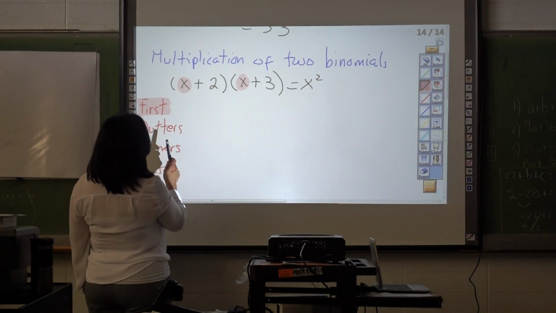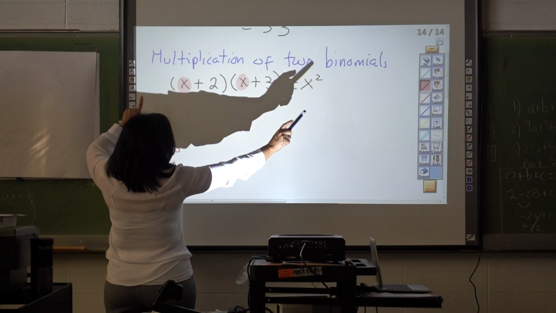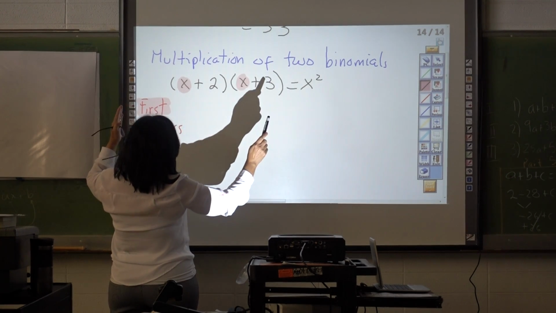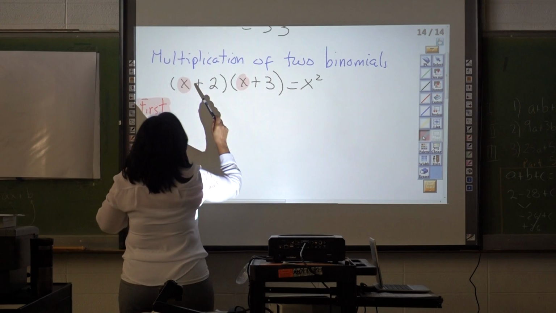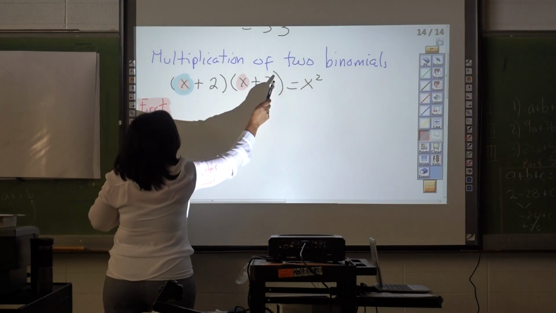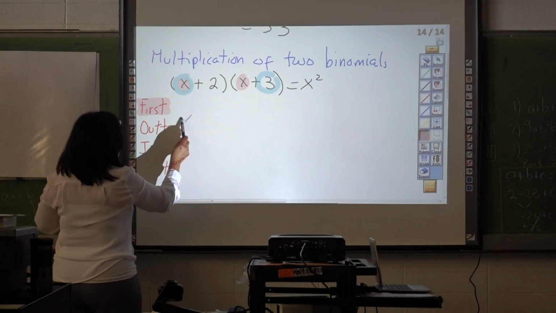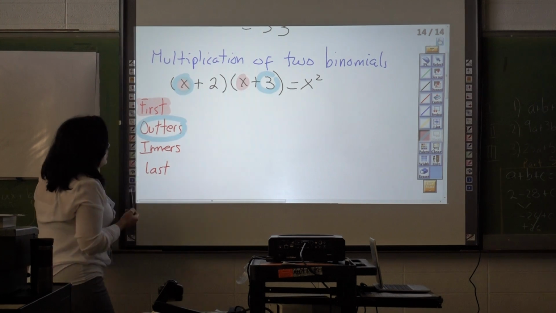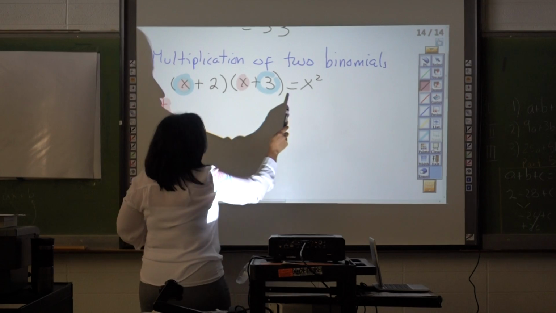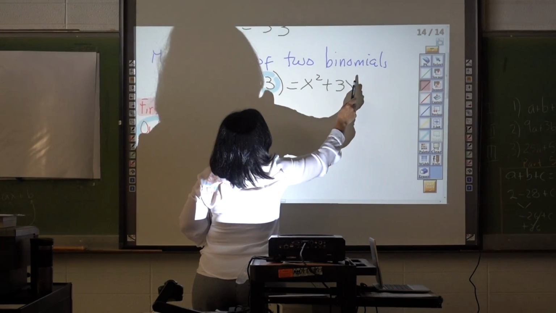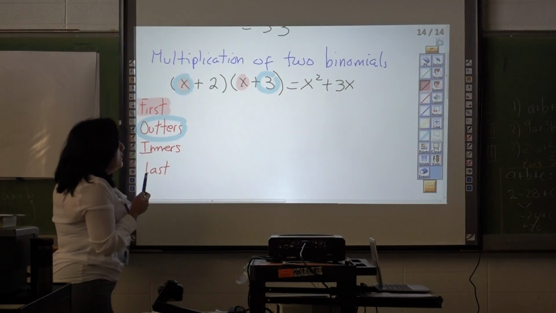Then the outers. The outers are the ones at the very beginning and the very end, so this one with this one. So x times 3 is positive 3x. All of them are positive. I just wanted to review the process of FOIL for you.